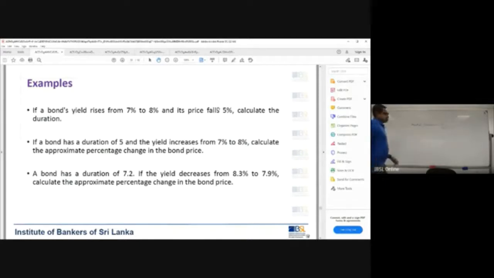Yield drops from 8.3 to 7.9. Right, yield is dropping. That means price will have to increase.